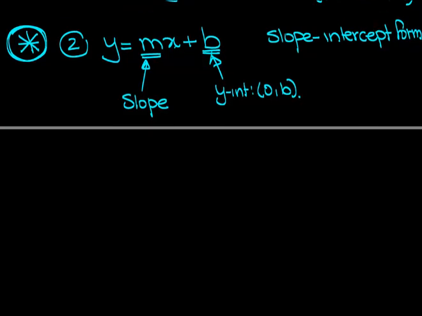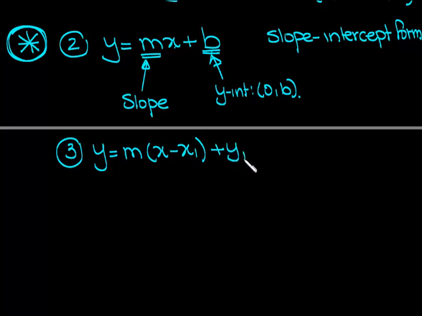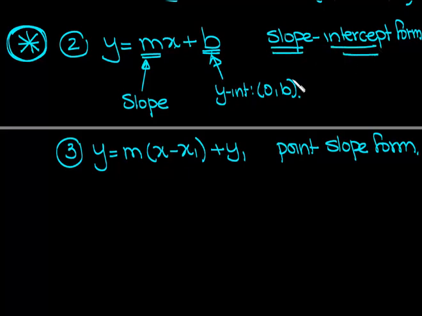The next form for the equation of a line is this: y is equal to m times (x minus x1) plus y1. This is called the point slope form. The previous one is called the slope intercept form because you know the slope and you know the y-intercept.